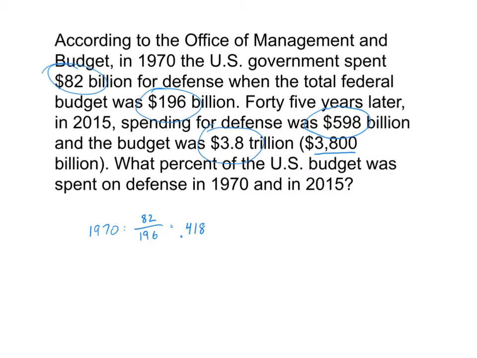I'm going to go to 3 decimal places. So I have my fraction now converted to a decimal in my calculator. And if I want that as a percent, because that's what the question asks me, we're going to say that is equal to 41.8%. Decimal point goes once, twice to the right.